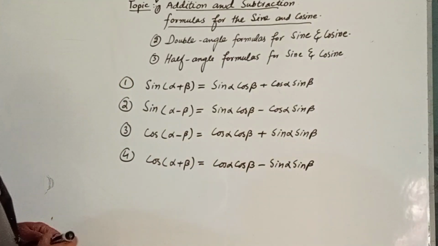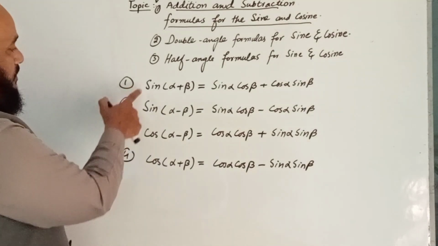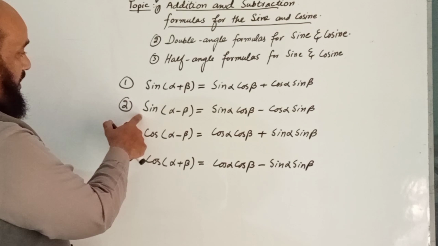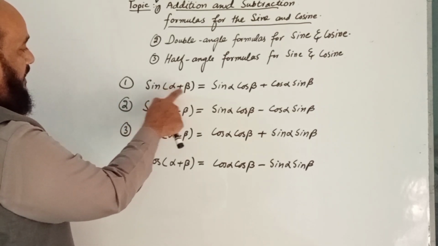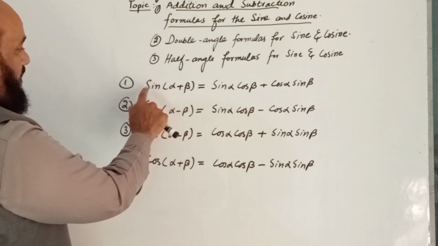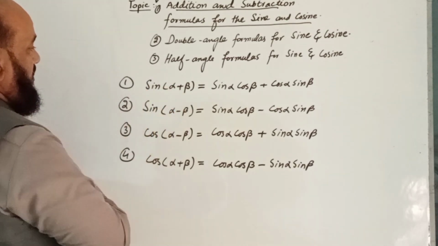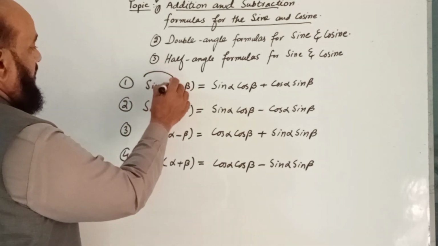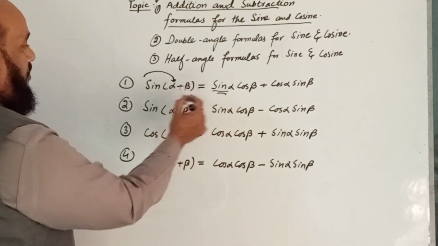Now look at the whiteboard carefully. These two are basic formulas for addition of sines. We have given two angles alpha and beta, and there is a sum between these two angles. Then if we operate the sine on it, first of all it will be sine alpha, then next will be cos beta.